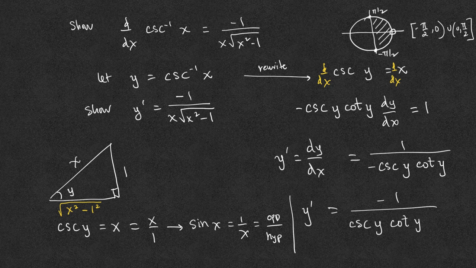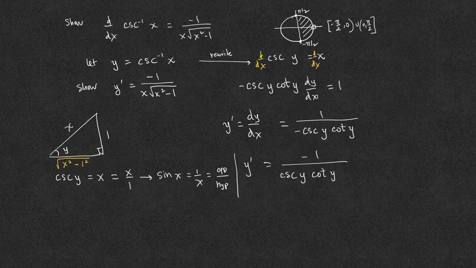By looking at this right triangle, we see that cosecant of y is the reciprocal of sine, and so if sine is opposite over hypotenuse, then cosecant is the hypotenuse over the opposite, but the hypotenuse is x and the opposite is 1.